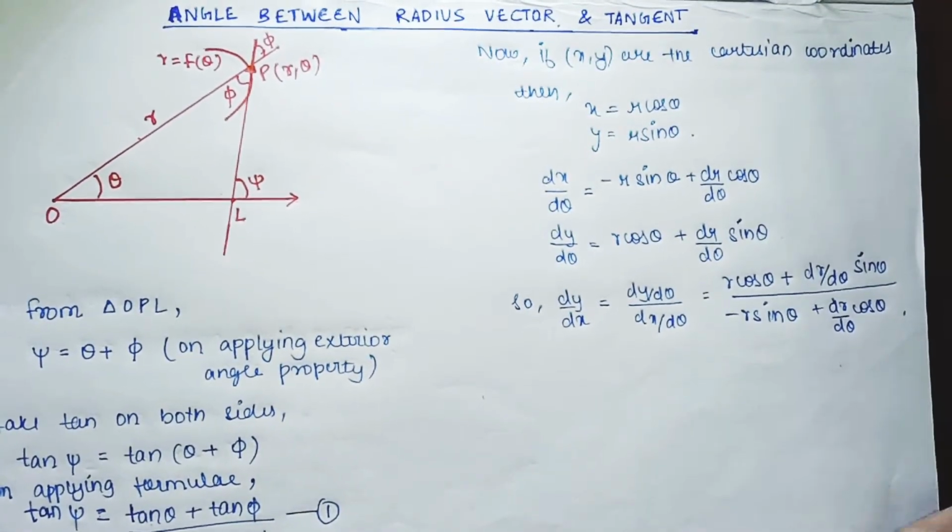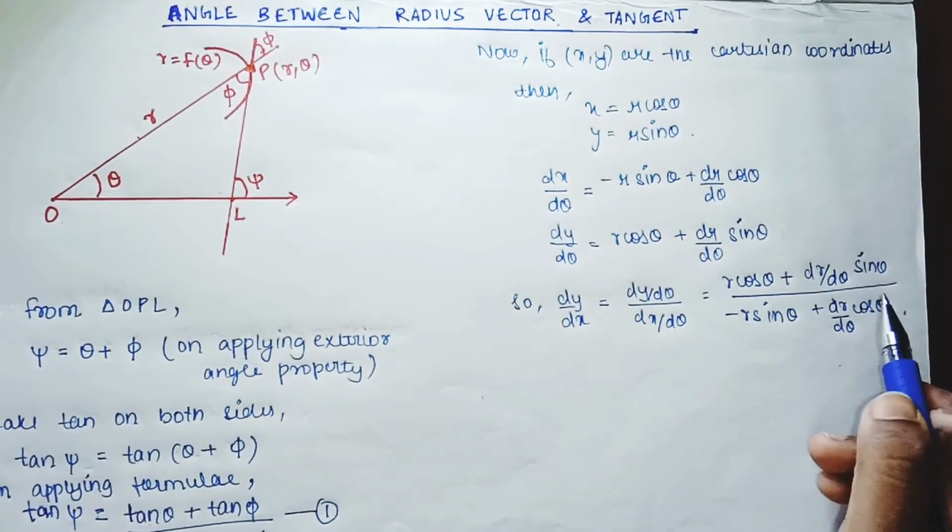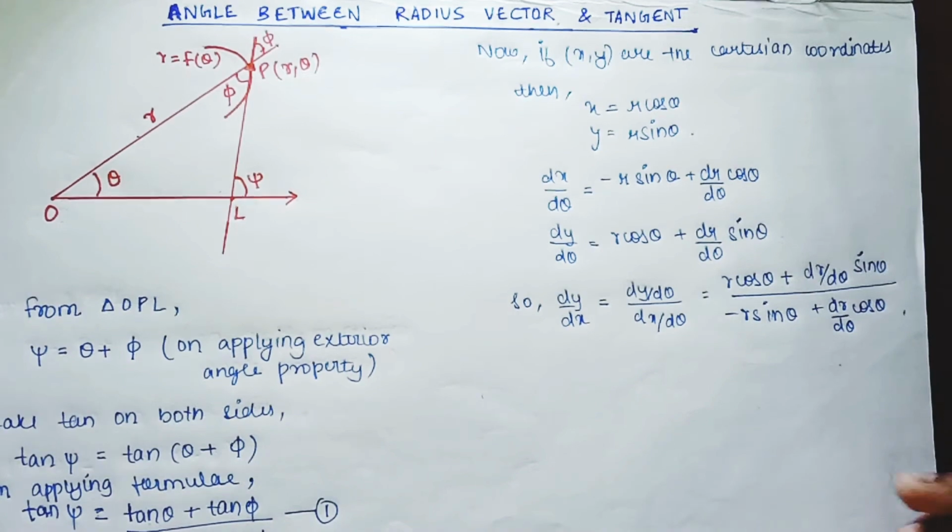In order to simplify it, we write dr by d theta as r dash.